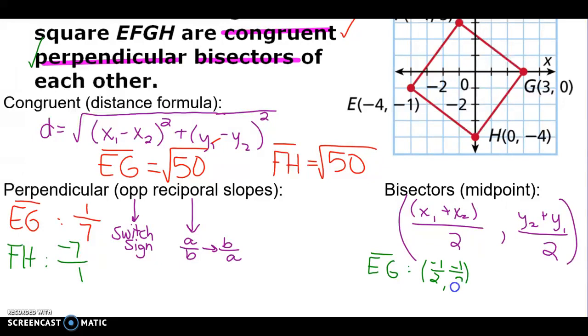Negative 1/2. If you look on your diagonal, looks like it's about right there. The left 1/2, down 1/2, right? Does that look like it's in the middle of the EG? Yeah. And for FH, it was the same. We did the formula. So again, they share the same midpoint. So now we know that they're bisectors.